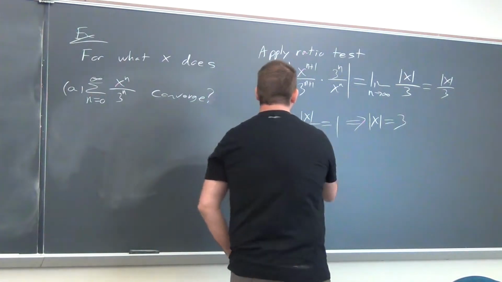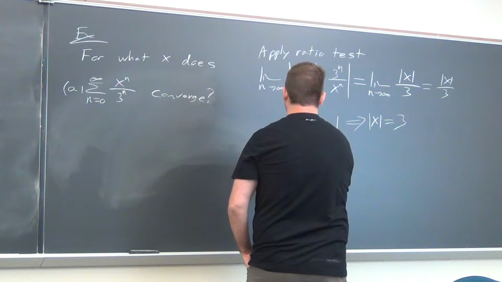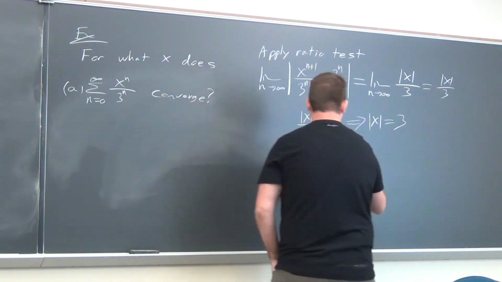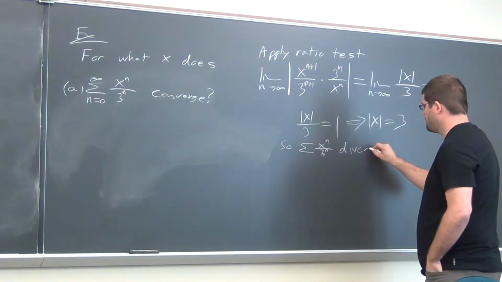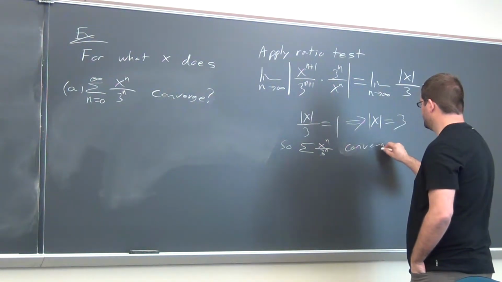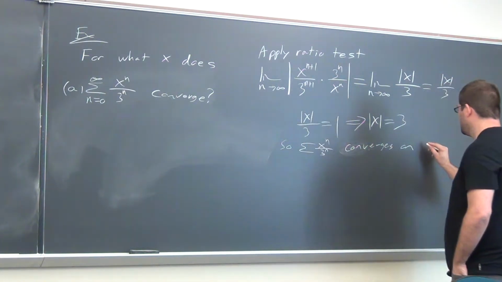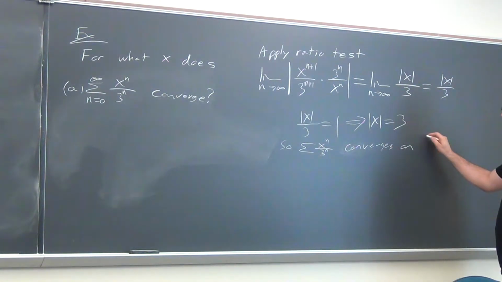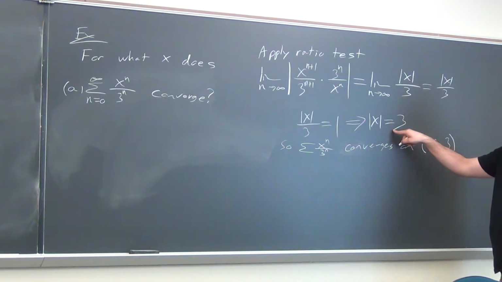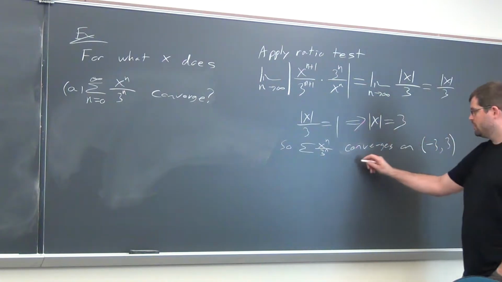And so this series converges, sorry, on the interval from -3 to 3, right? That's when the absolute value of x is less than 3.